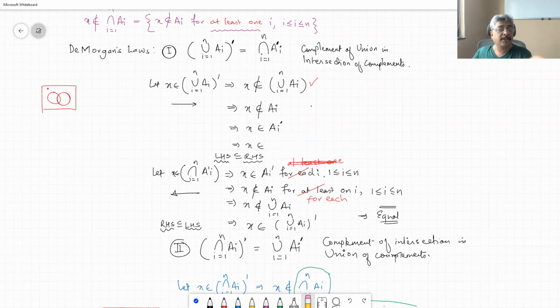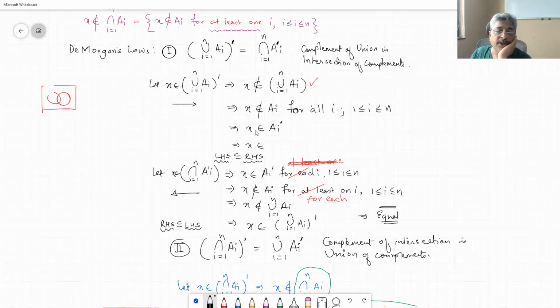Okay, x belongs to the complement of the union that is sitting here, and therefore x does not belong to the union of all of them. That is correct. So x does not belong to Ai for all i, 1 less than or equal to i less than or equal to n.